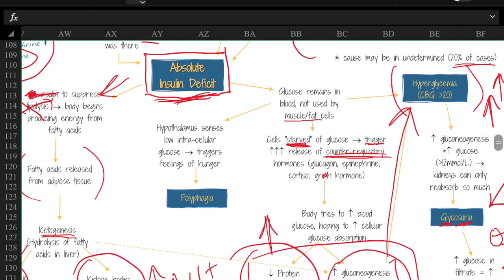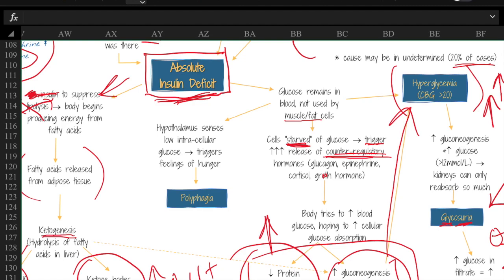So on top of that, one of the things that happens is the hypothalamus senses that there is low glucose inside of the cells.